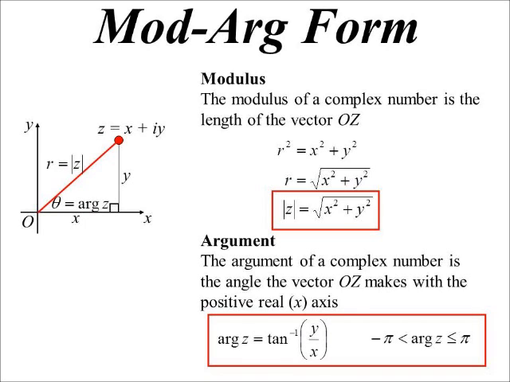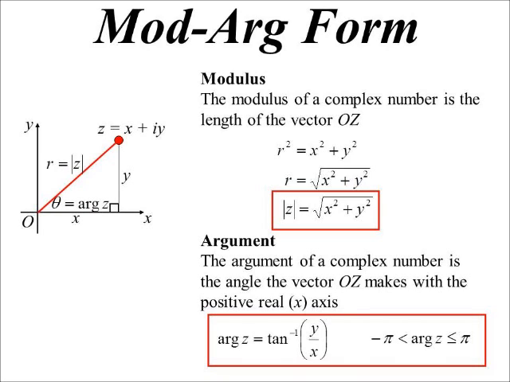Now, of course, there's an infinite number of possibilities, so we restrict our answers. When we're talking about the argument, we only want answers between pi and minus pi. That makes it really easy, because if it's positive, I know it's above the axis. If it's negative, I know it's below the axis. Why is it equals on pi?